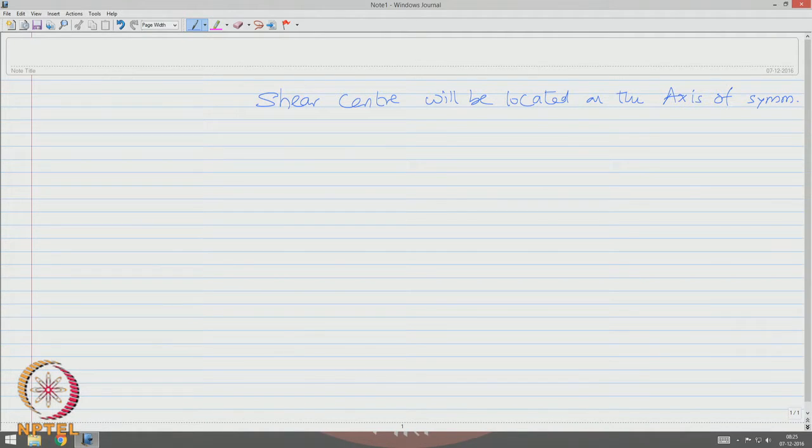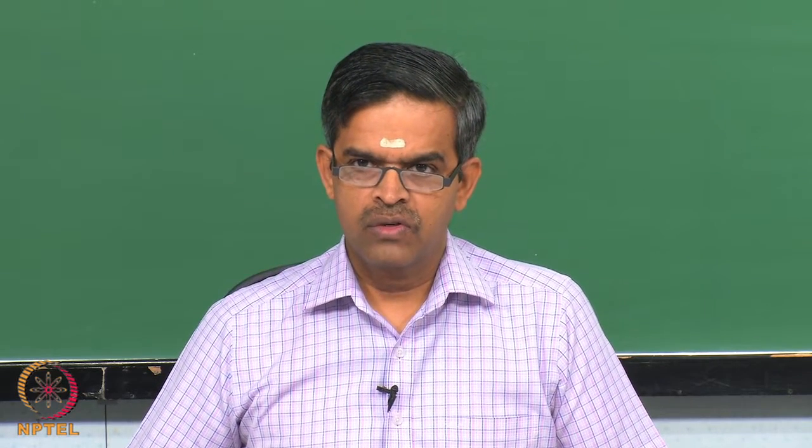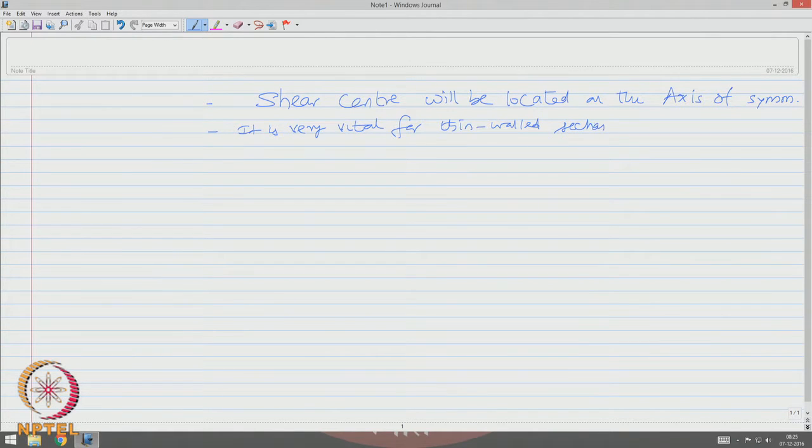If the vertical load is applied through this point, the section will not undergo twisting or torsion. So, it is very vital for thin walled sections, which are very common in offshore structures.